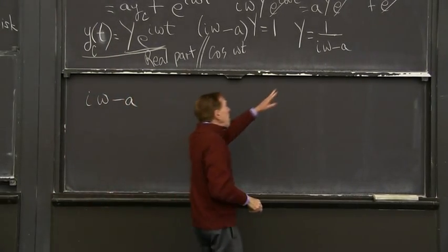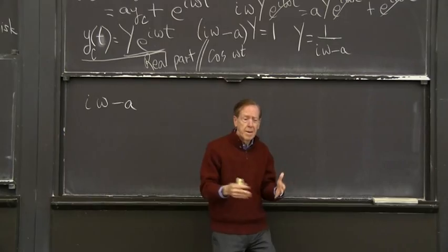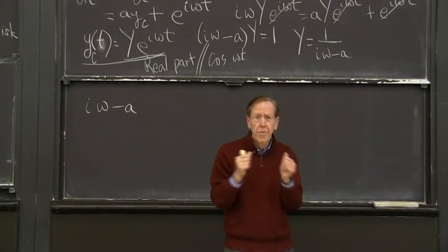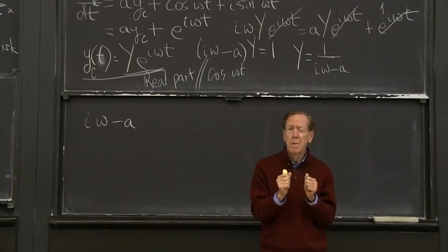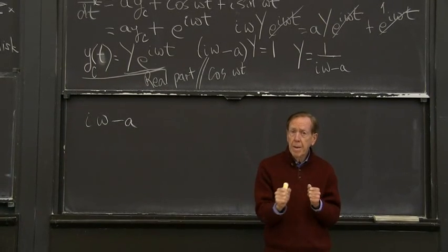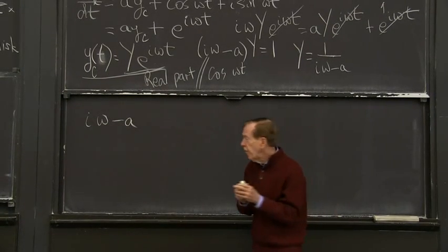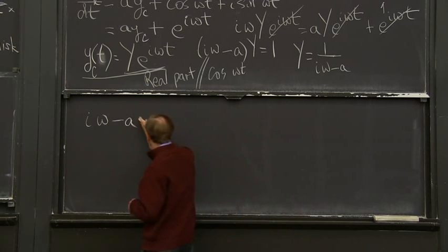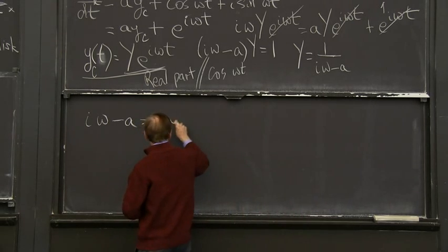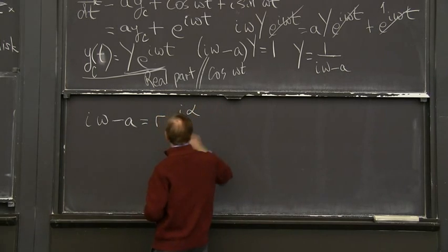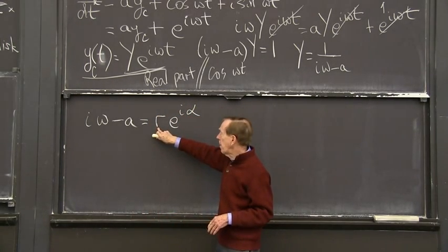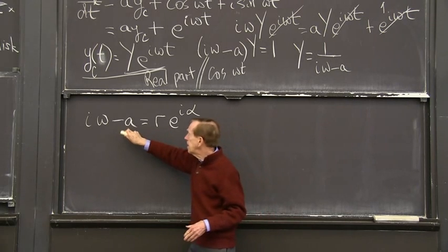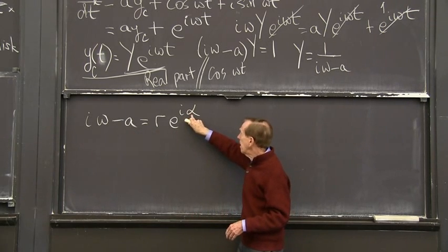That's really the awkward quantity that I have to get into a good form. And the form you want for complex numbers, when you're going to multiply them, is the polar form. I want to put this in the form R e to the i alpha, so a positive number, the magnitude of this, and the angle.